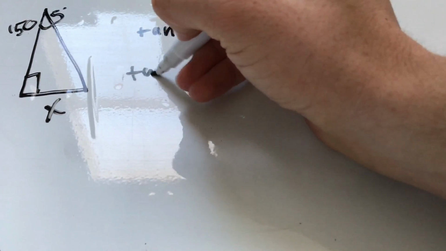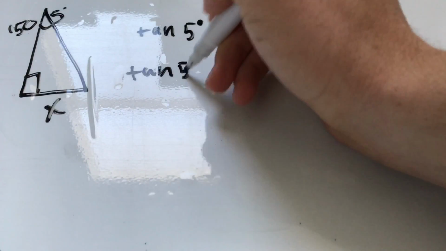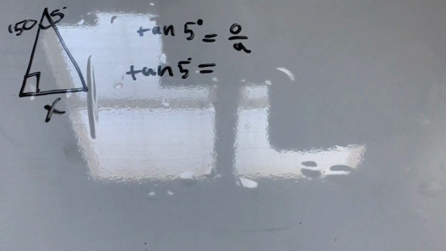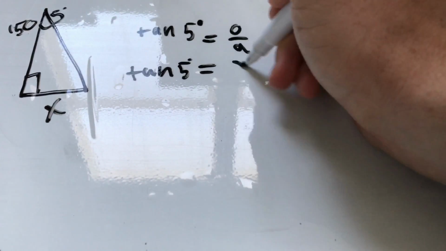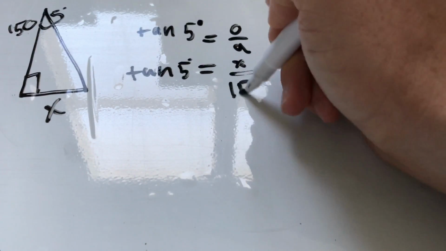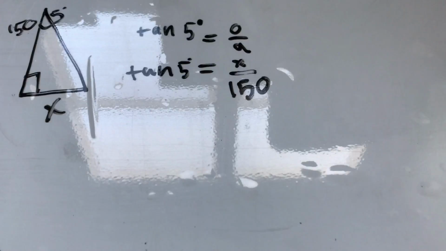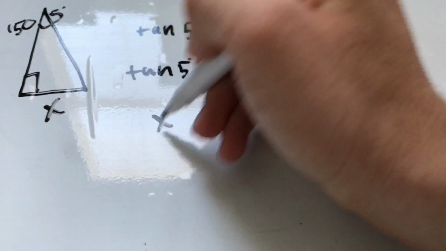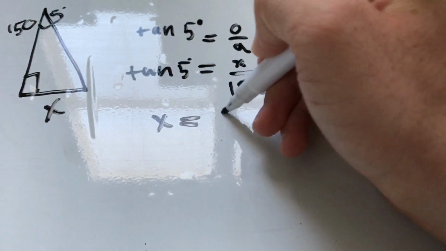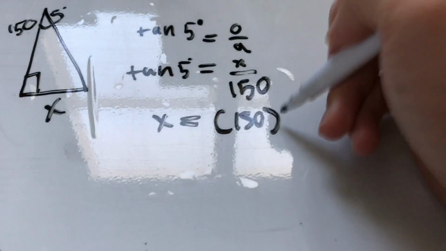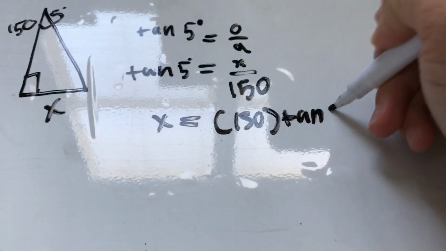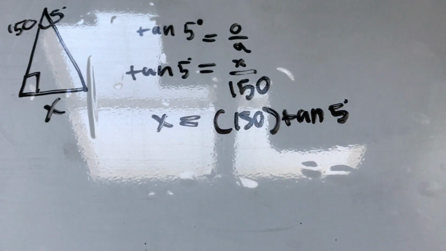So tan 5 degrees is equal to the opposite of x over the adjacent of 150. Now we have to take x equal to 150 times tan 5 degrees.